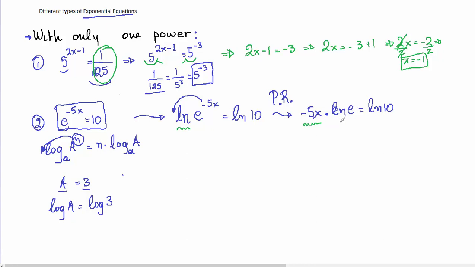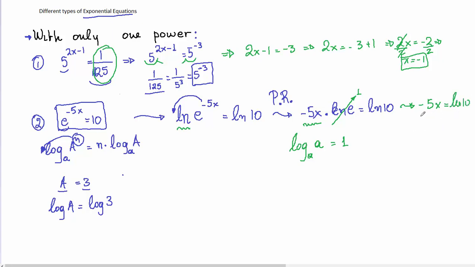And since the base and the argument of the logarithm are the same, I know using a rule of logarithms that this is equal to 1. So what do I have now? Negative 5x times 1, that is negative 5x, is equal to ln of 10.